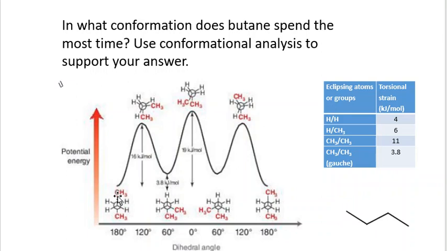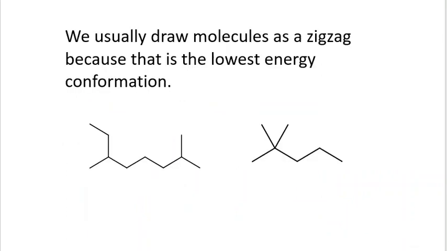We go down one bond, and then we go kind of back and then down again. This is the C2, C3 bond that we're sighting down, and then we have that methyl group going down and back. And indeed, that's how we usually draw our molecules, as a zigzag, because that's the lowest energy conformation.